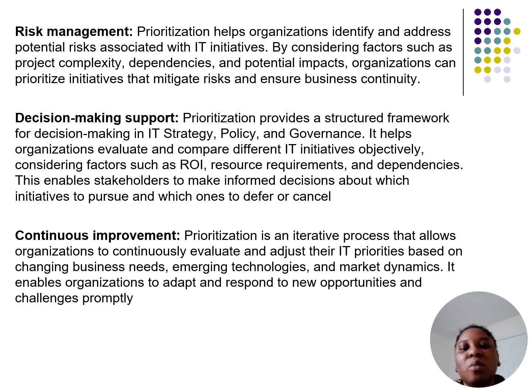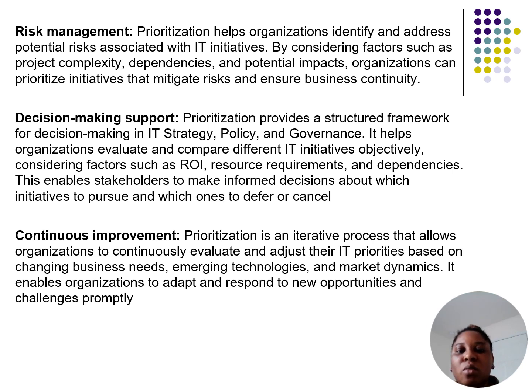And number four, decision-making support. This prioritization helps organizations make informed decisions by evaluating and comparing IT initiatives objectively, considering factors like the return on investment, resources, and dependency. This framework enables stakeholders to decide which initiative to pursue or cancel.